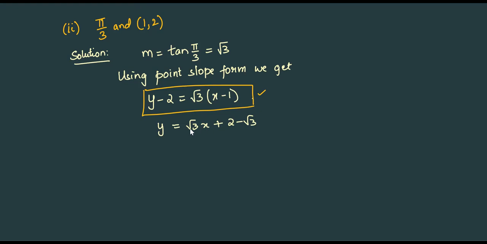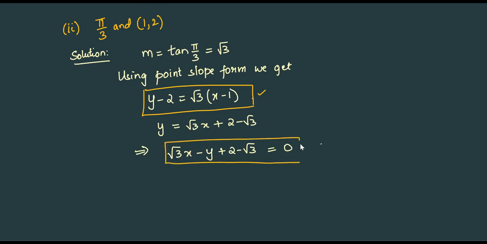Or we can simplify further, bringing all the terms to one side: root 3 x minus y plus 2 minus root 3 is equal to 0. Other two you should try, 135 degrees and 150 degrees.